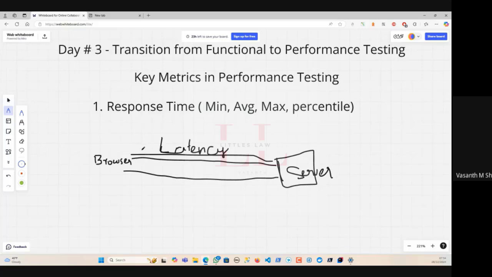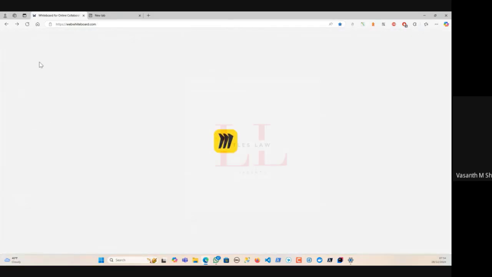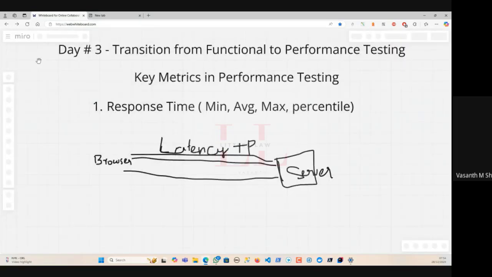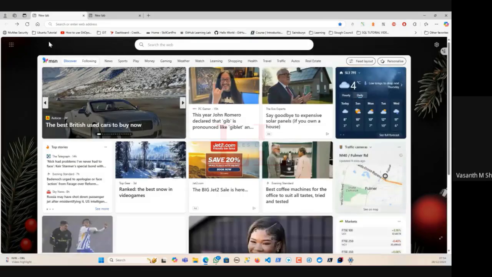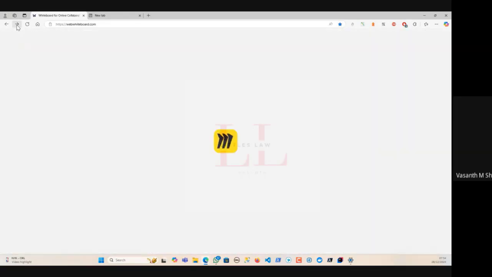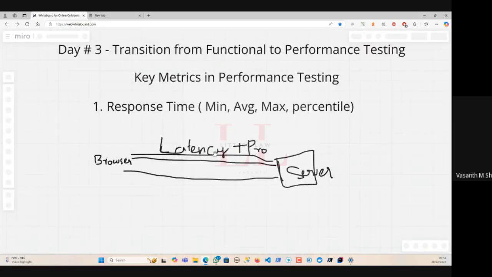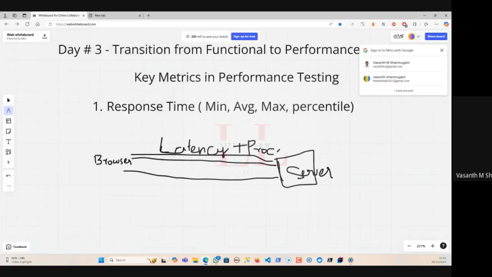But response time is a mix of latency plus processing. You send a request and it gets processed at the server. All of these added together become the response time.